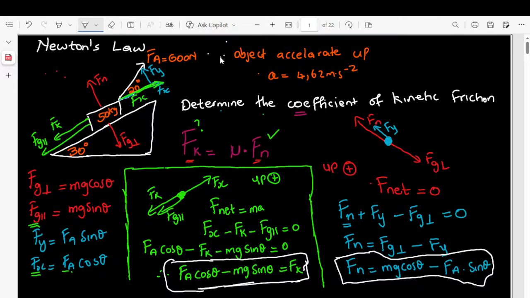Guys, why are you saying that the horizontal component is cos, not sine? The horizontal component is cos and the vertical component is sine. Please, guys.